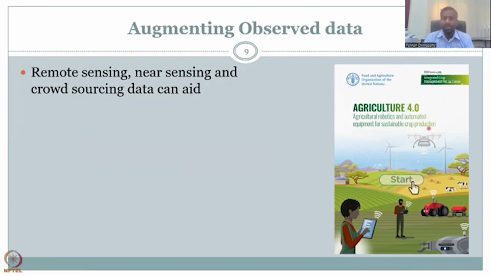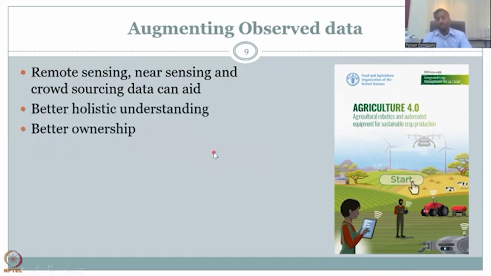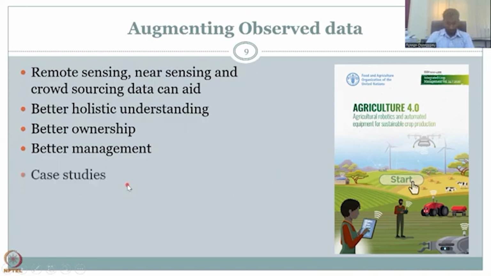But drones are definitely there along with satellites. It gives you a better holistic understanding, as all the data comes in together rather than just using the well data. And the farmers take more ownership because they supply the data to the farm management scenarios, and so there is better management.